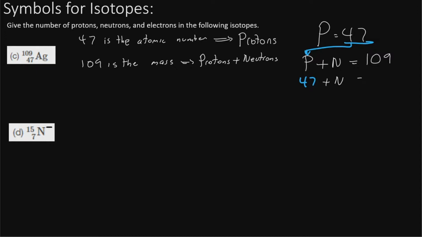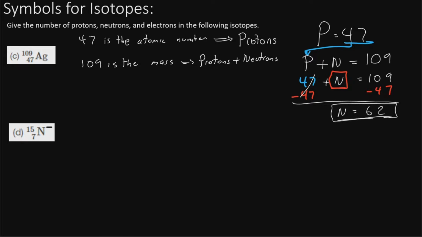Add the neutrons, and get 109. Now, we need to solve for the neutrons, so we subtract 47 from both sides. 47 minus 47 will cancel, and N will be 109 minus 47, which is 62.